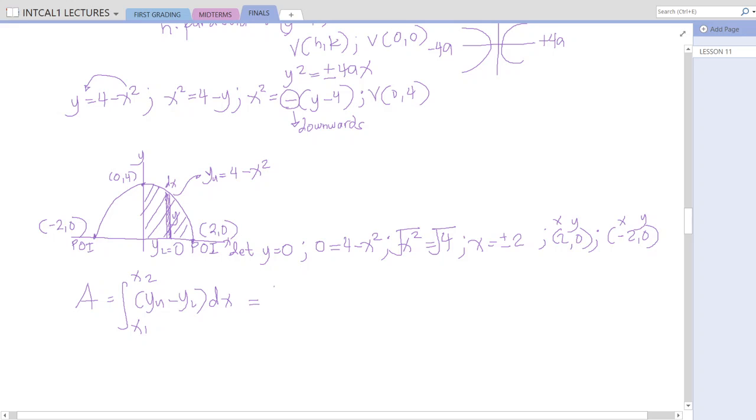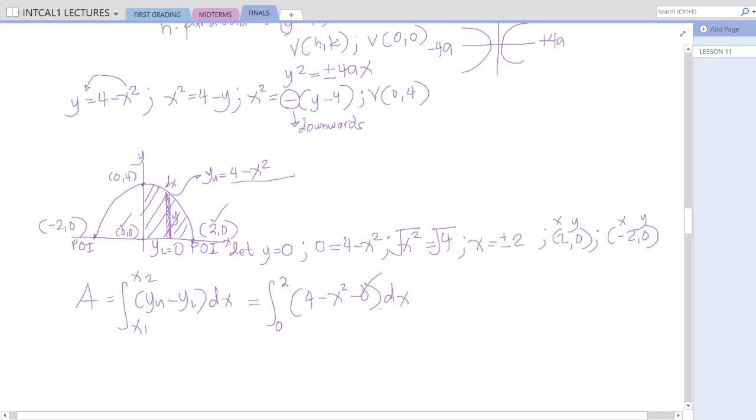So that is the integral from x sub 1 to x sub 2. The limits there are from 0 to 2, multiplied by the y upper, which is the equation of the parabola, 4 minus x squared, minus 0, multiplied by dx, since the y lower touches the x-axis, so it is automatically 0.